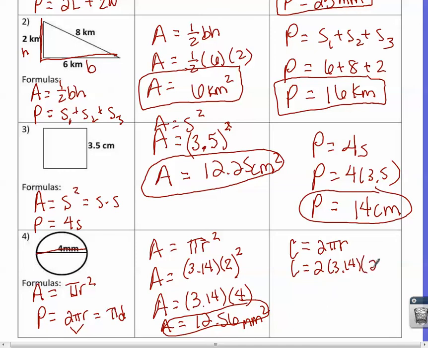Your radius in this case is 2. When I multiply left to right, I get 12.56 millimeters. Circle your answer. You could have also done pi times diameter, because that is your radius times 2.